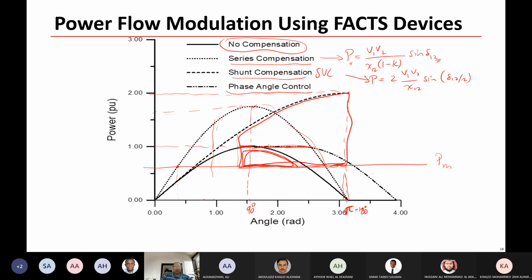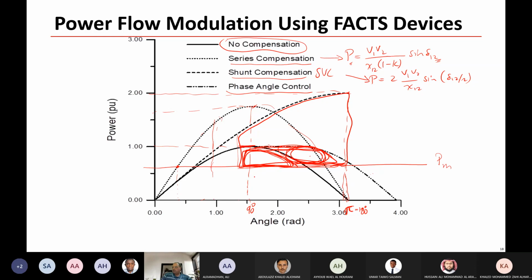Again, for the phase shifter, this is the original deceleration area, but now you have this deceleration area and you add this part as well.